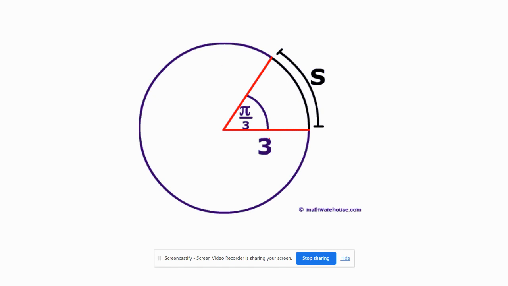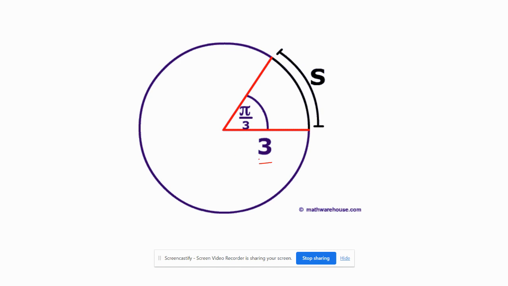And in order to do that, I will use both the measure of the central angle as well as the length of the radius. So when we learned about radians, we learned that a radian is just the number of radius lengths around the circle that have been taken up, right?